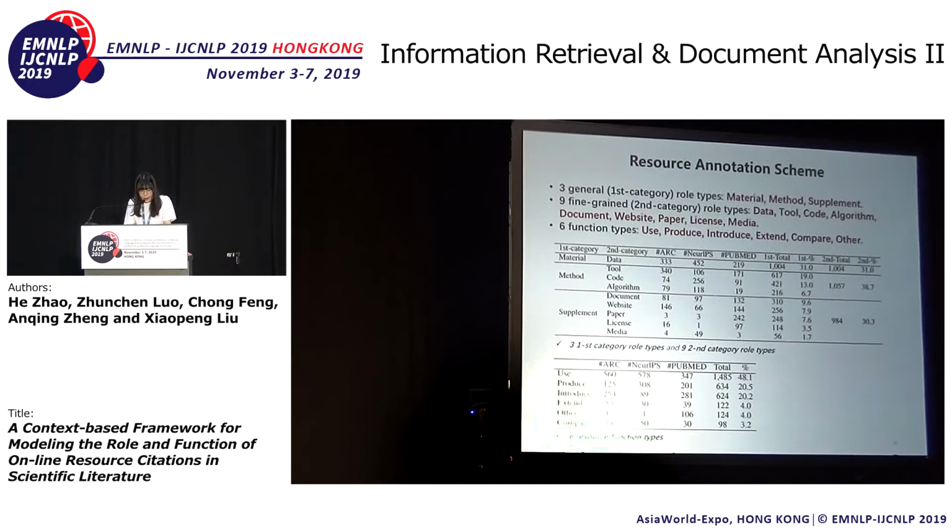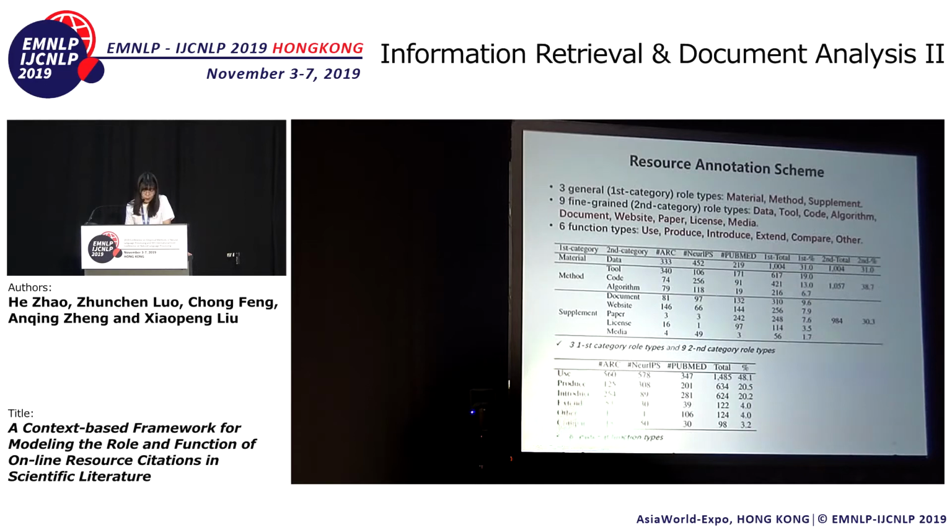Then let me introduce our resource annotation scheme. We define the resource role from a 2-level hierarchical perspective. We first define 3 general, also called first category, role types: material, method, and supplement.